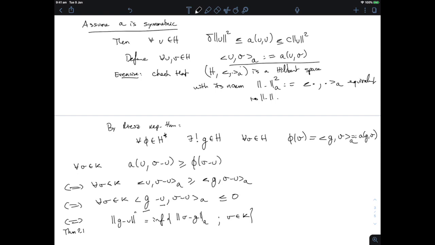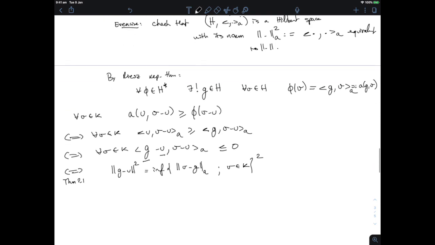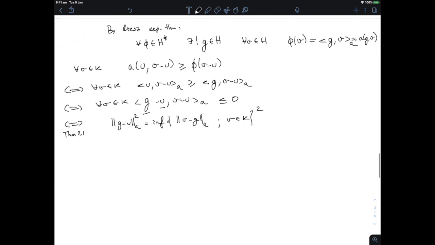And, well, let's square that and rewrite that in terms of our bilinear form, in terms of what the A norm is. So what have we got here?